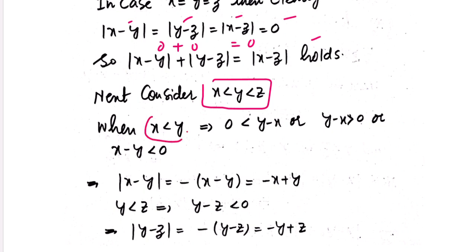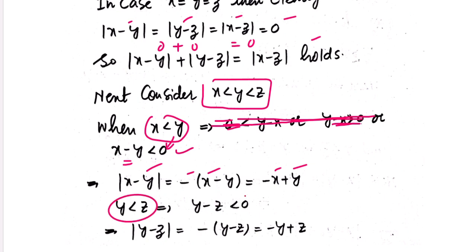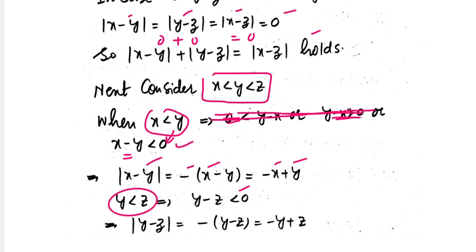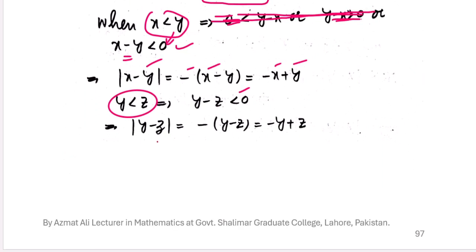When x is less than y, x minus y is less than 0. If a number is negative, then its absolute value is simply the negative of the number, that is minus of x minus y. This is equal to minus x plus y. Similarly here, y is less than z means y minus z is less than 0. It means y minus z is negative, so its absolute value is simply minus times y minus z, or we can write minus y plus z.